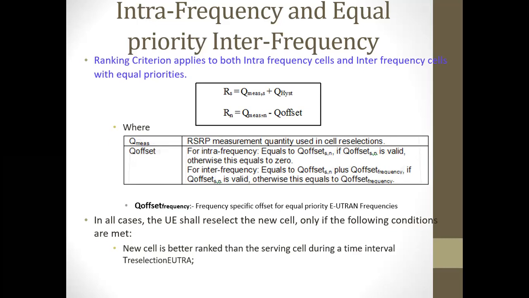Because of these fluctuations, you can find that my neighboring cell looks better than the serving cell. Or you may be moving a little bit within a small space. So that should not cause any cell reselection, selecting a new cell.